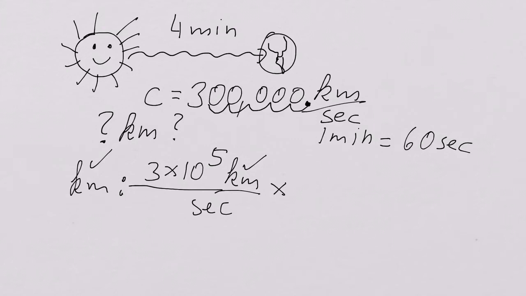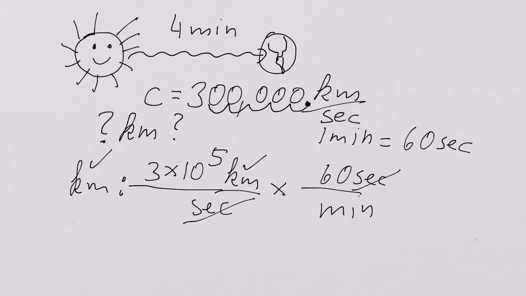So do I have anything with seconds in it? Yes, that's what I just did. So I've got 60 seconds in a minute. And you see, what I can do is, hasta la vista. The seconds cancel out. Which leaves me with another problem.